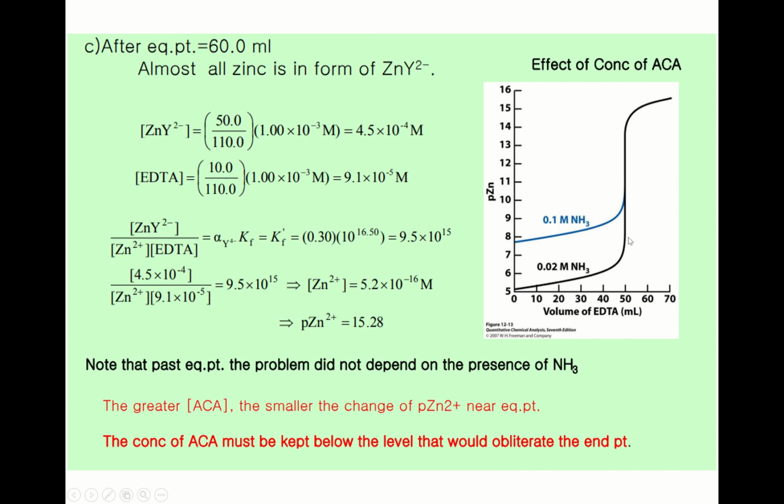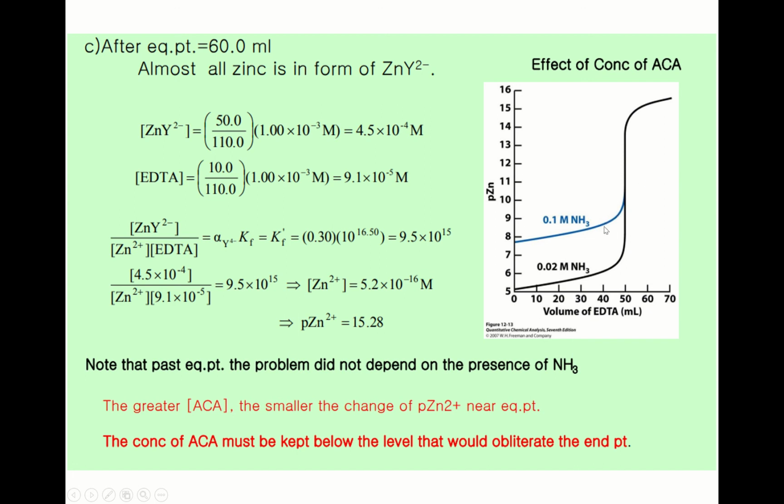Okay, let's see. For two different auxiliary complexing agent concentrations, one is 0.1 molar, which we just considered, and the other one is 0.02 molar. And what's the difference?